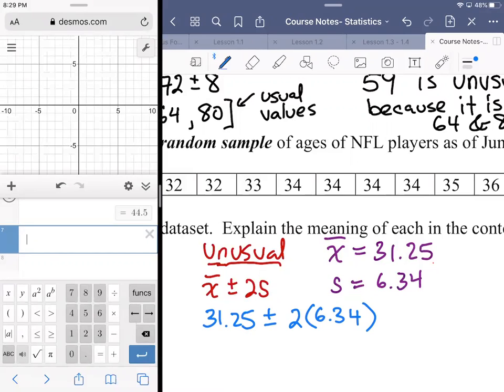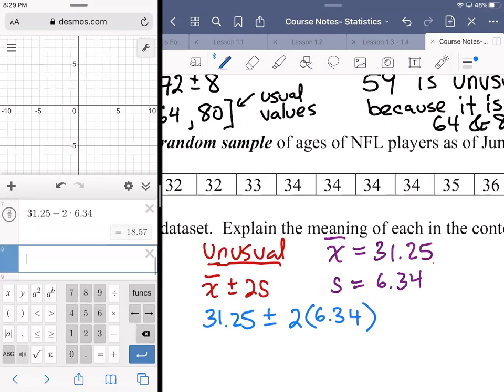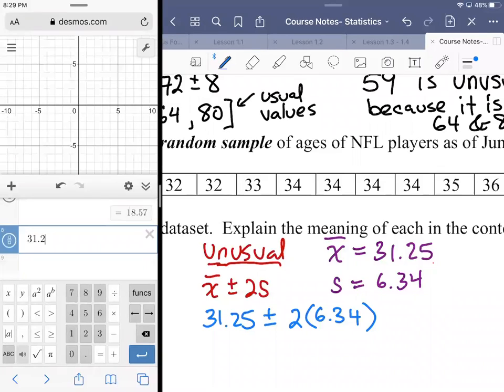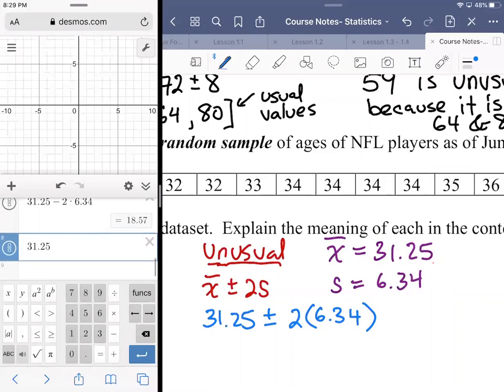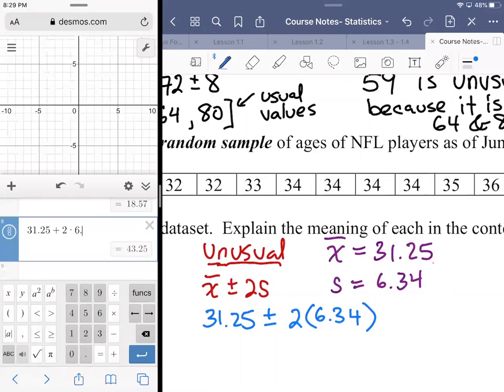Right, so it's relatively simple computation. Previously I did it separately because the numbers are nice, but I like to get it done all in one shot. So minus 2 times 6.34. And then just do the same thing again, but with a plus sign: 31.25 plus 2 times 6.34.